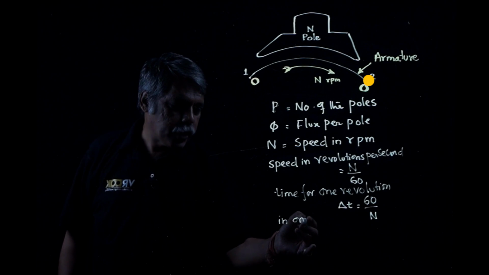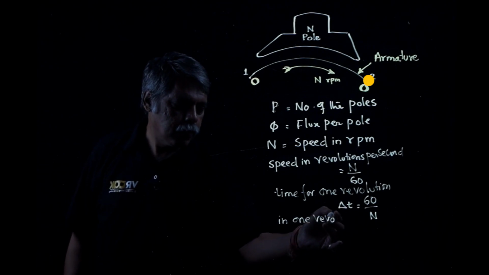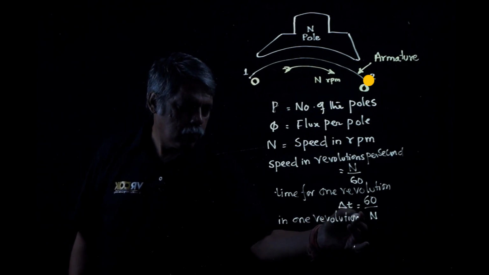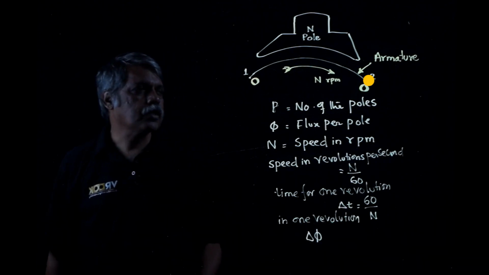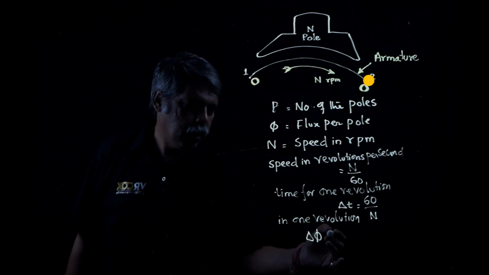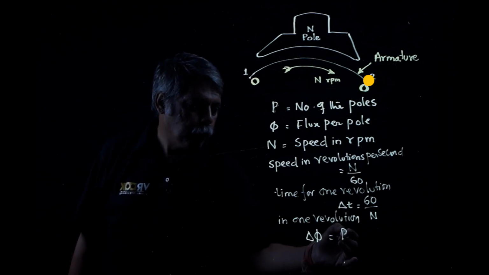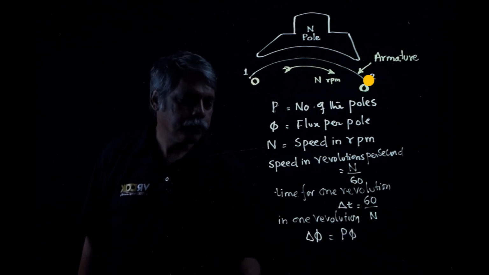In one revolution, delta phi, that is the flux linking with one conductor, will be equal to P into phi.